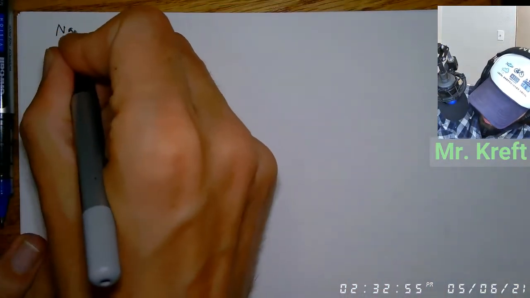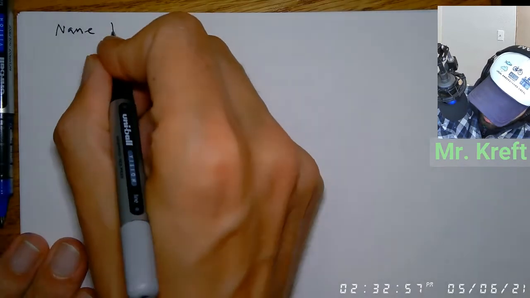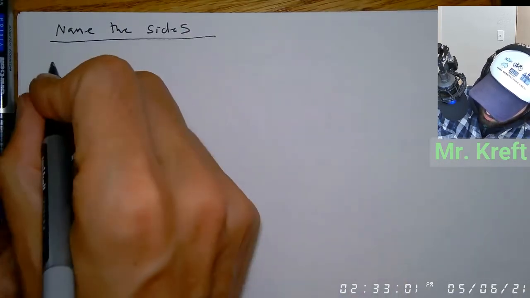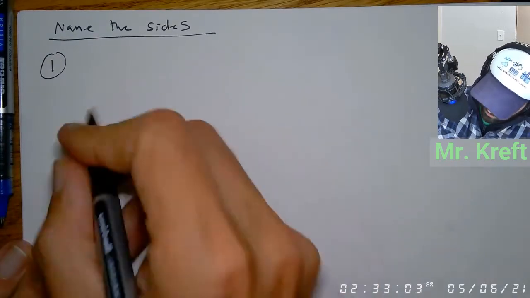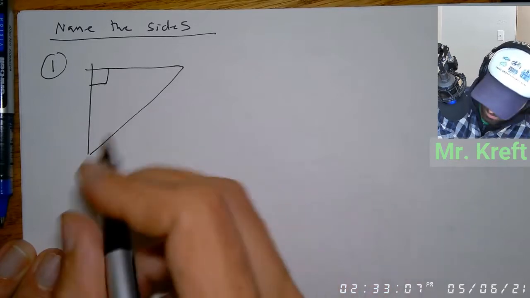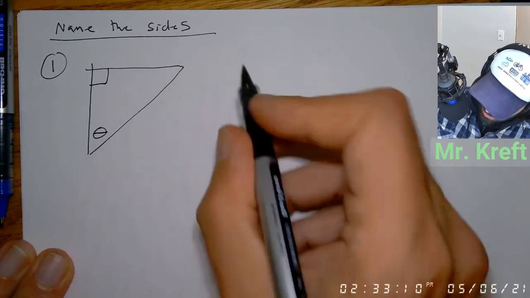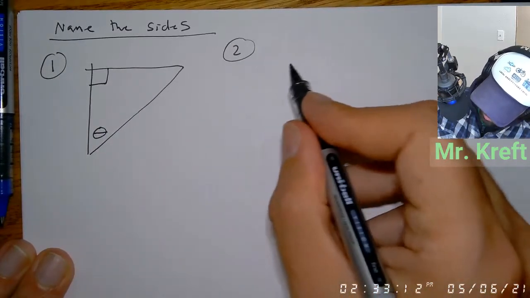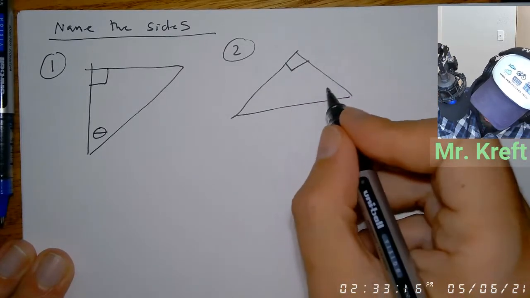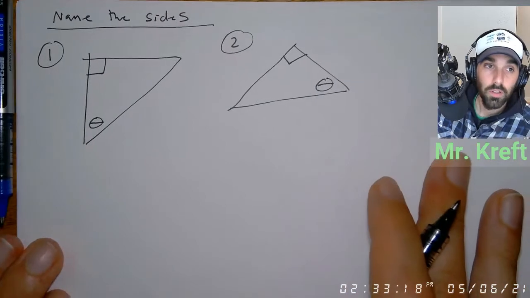Naming sides: name the sides. The first one here is a right triangle, and this is my reference angle. The second one is also a right triangle, and this is my reference angle.